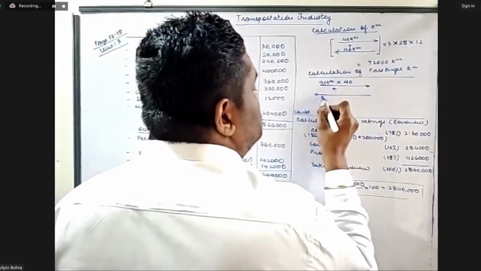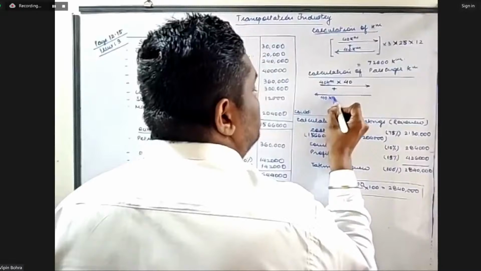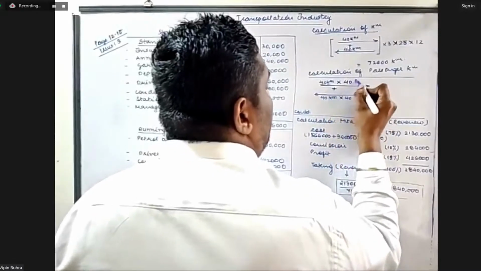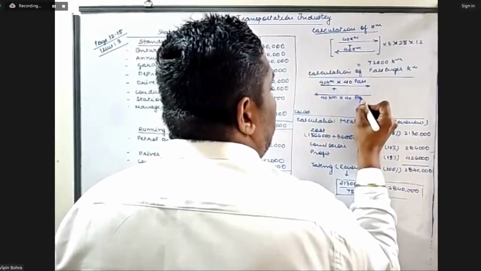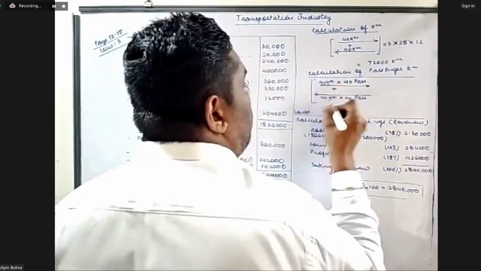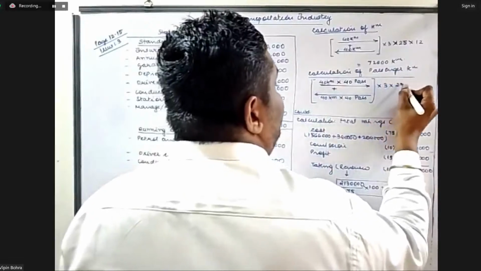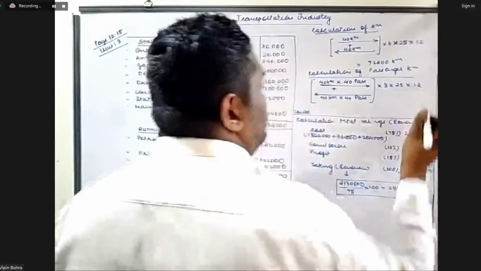In the return journey also, it is of 40 kilometers and the passengers traveled are 40. Into 3 trips in a day, into 25 days in a month, into 12.